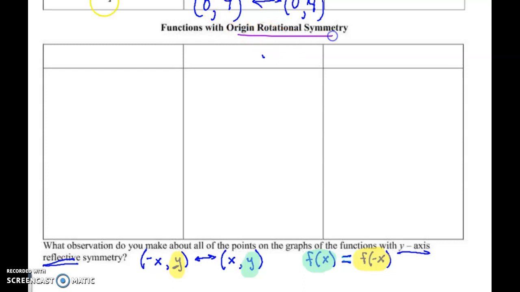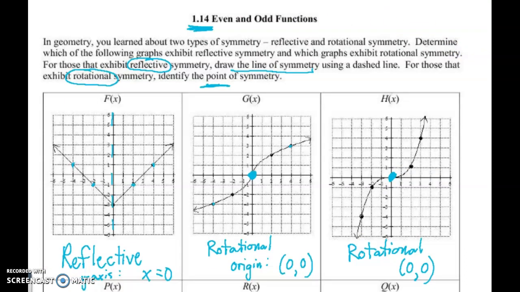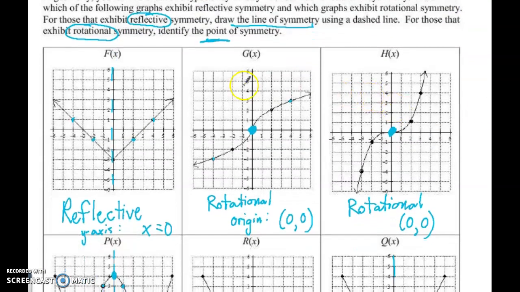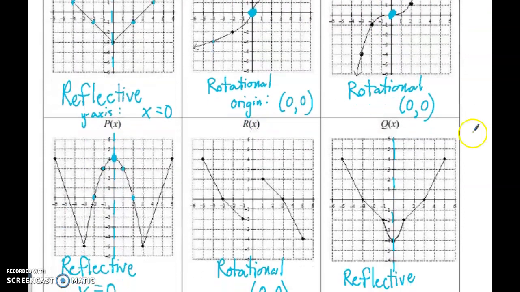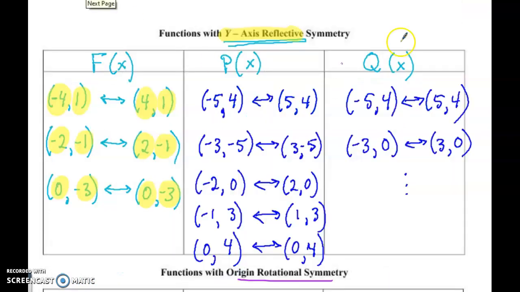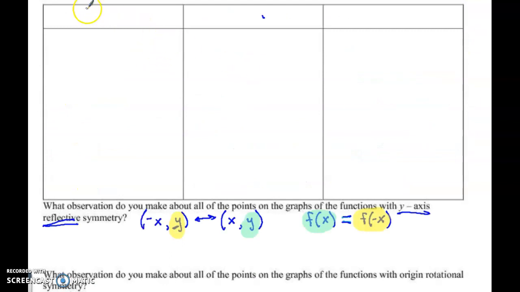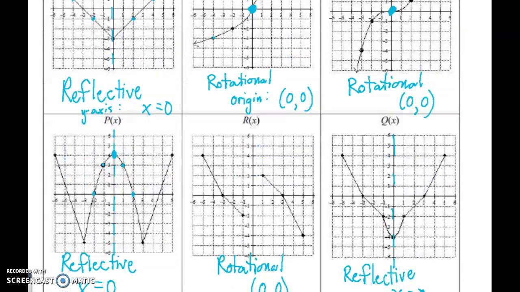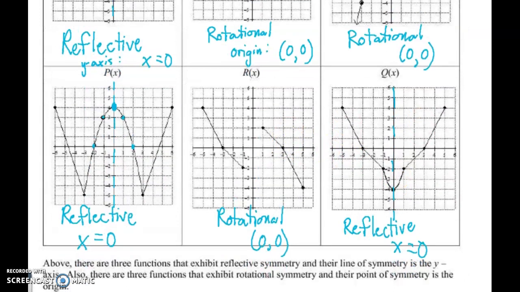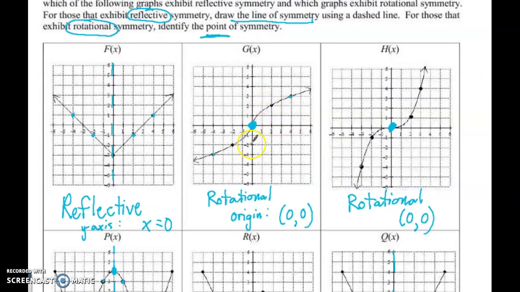So the origin rotational, well, what functions had the rotational with the origin? That was G, H, and R. And we want to look at what parts mapped onto the other. So I pointed out, oops, I want to start with G. I'm going to start with negative 4, negative 3.